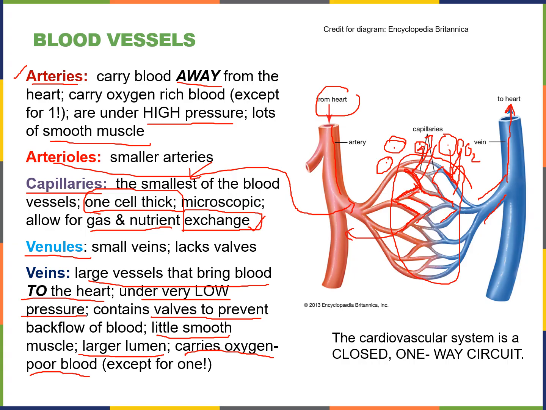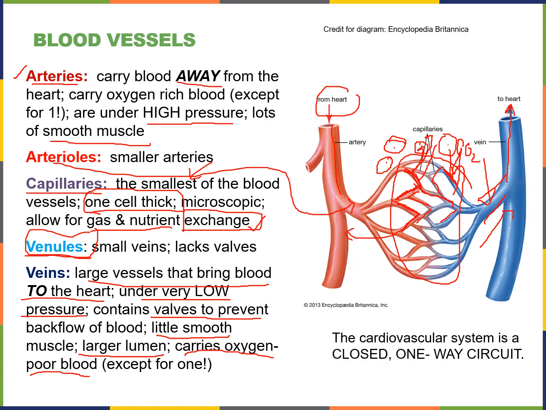Now, capillaries, when they're sending the deoxygenated blood to the vein, they send it through a small vein first, called a venule. So this would represent a small vein here, a venule. And venules tend not to have valves like major veins do.